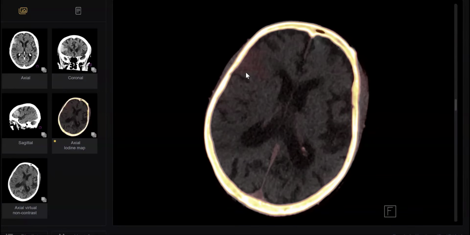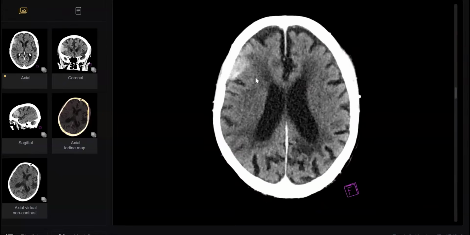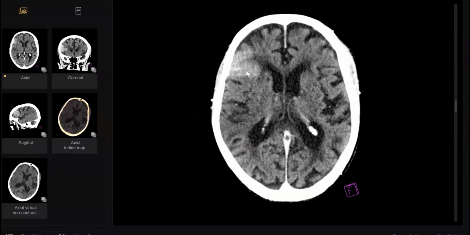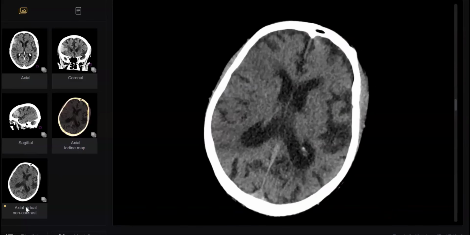Anything related to the contrast media, it's iodine, will take a color. And this is the native image. Then we can subtract, and the subtraction is called axial virtual non-contrast.